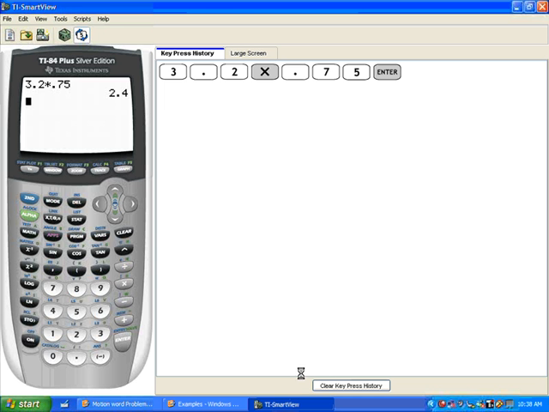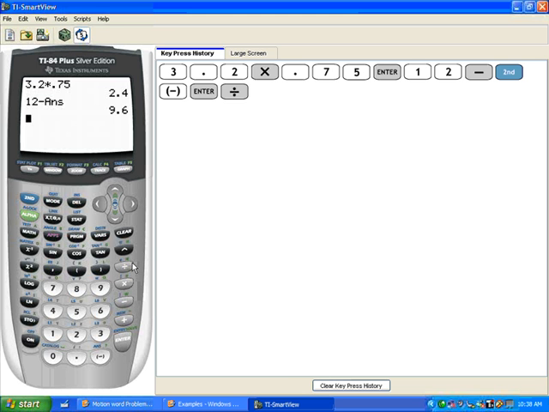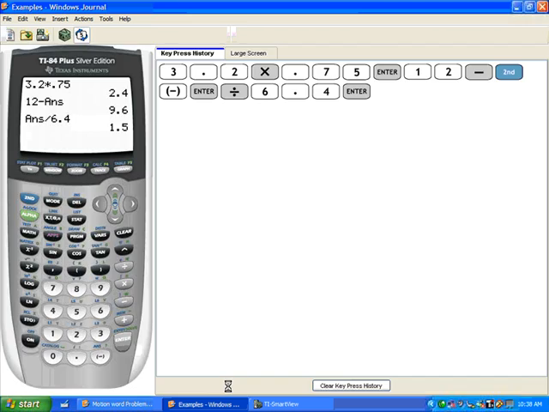Now I need to subtract. Take the 12 minus that previous answer, and we get 9.6. Dividing off the 6.4, it's going to give us our rate. And it comes out 1.5.